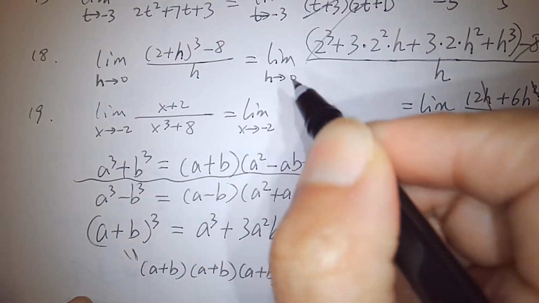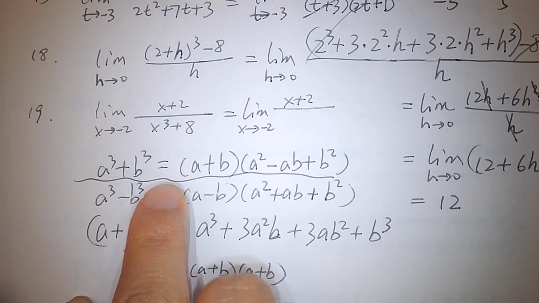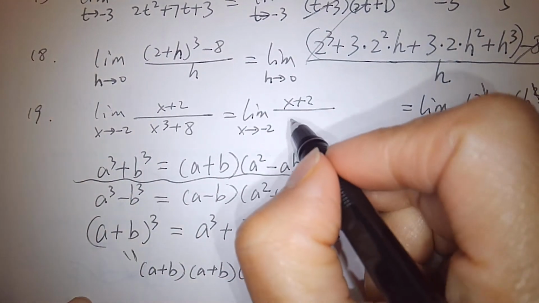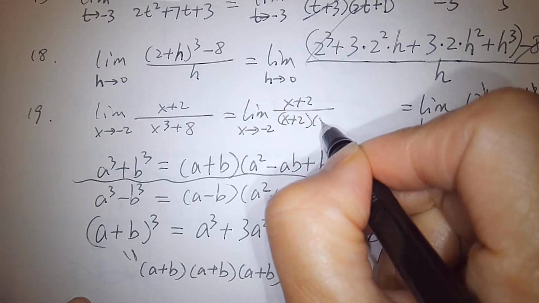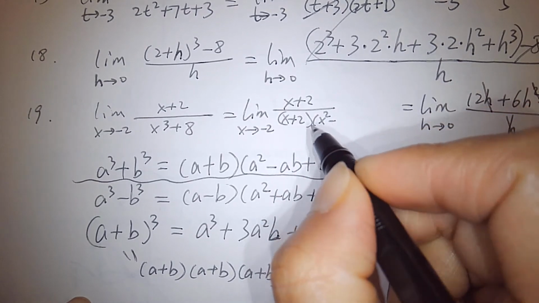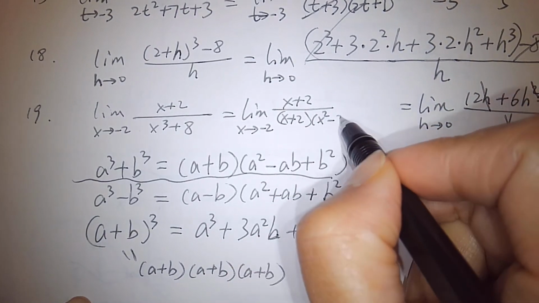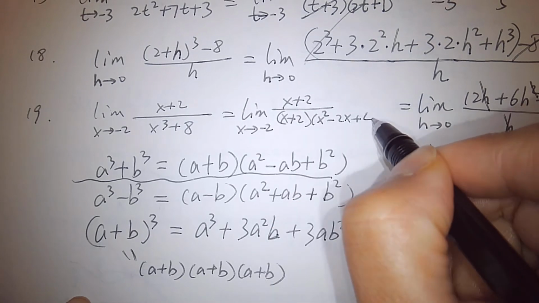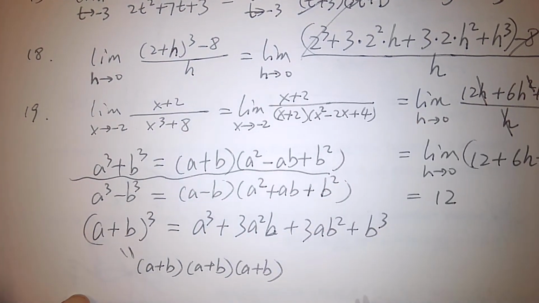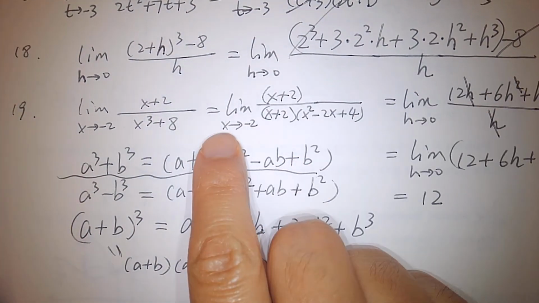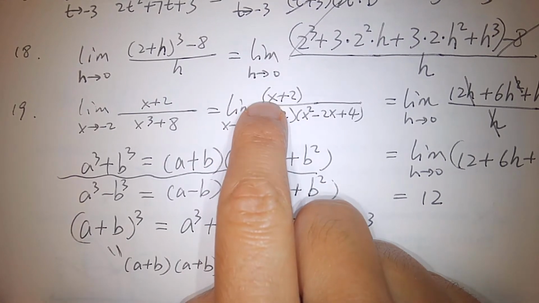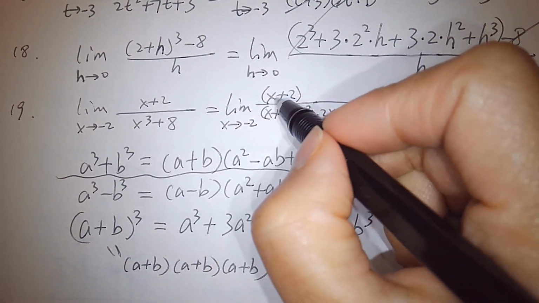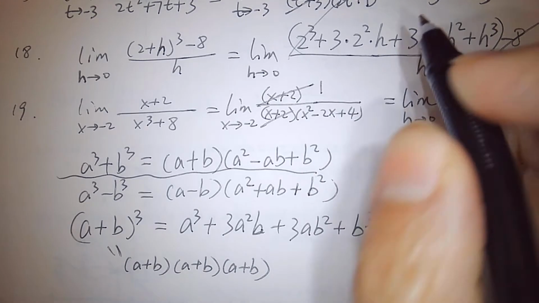X approaches -2. According to the formula, on the bottom, a squared minus a times b plus b squared, which is 4, right? So when x approaches negative 2, x cannot equal negative 2, so that cancels.